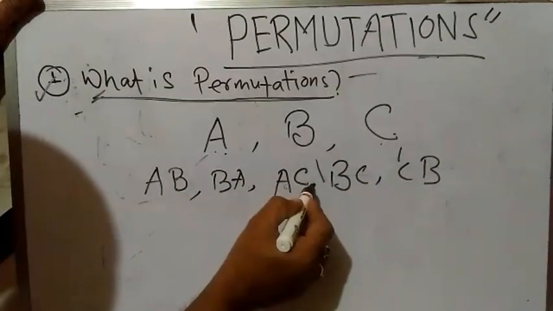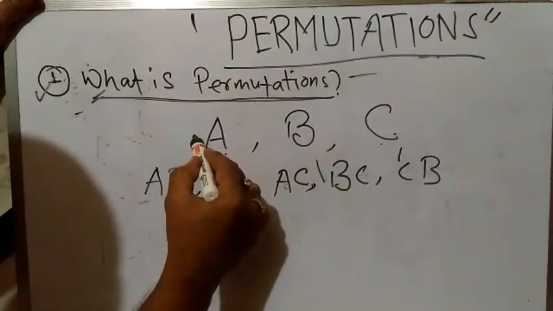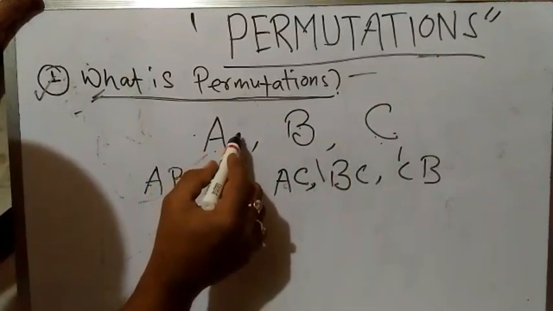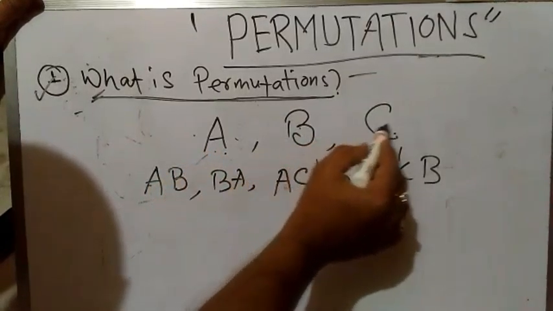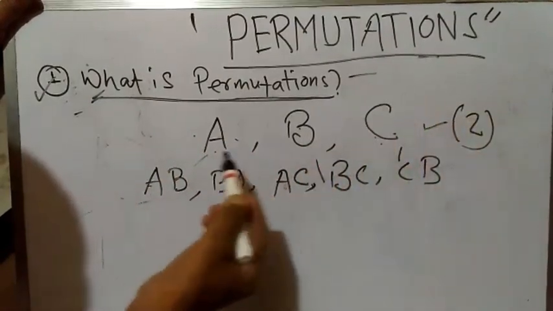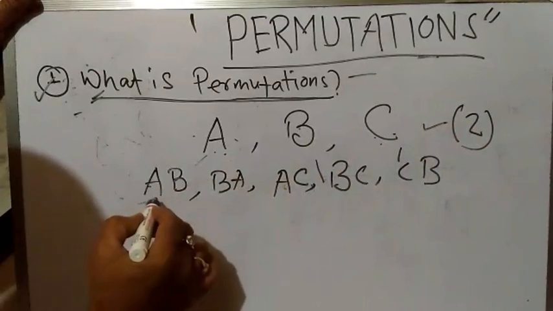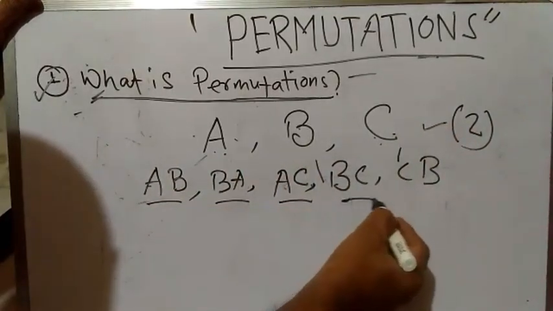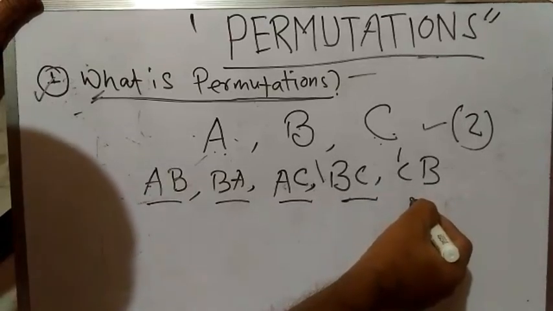If there are three objects A, B, C, then the permutations of these three objects taking two at a time are AB, BA, AC, BC and CB.